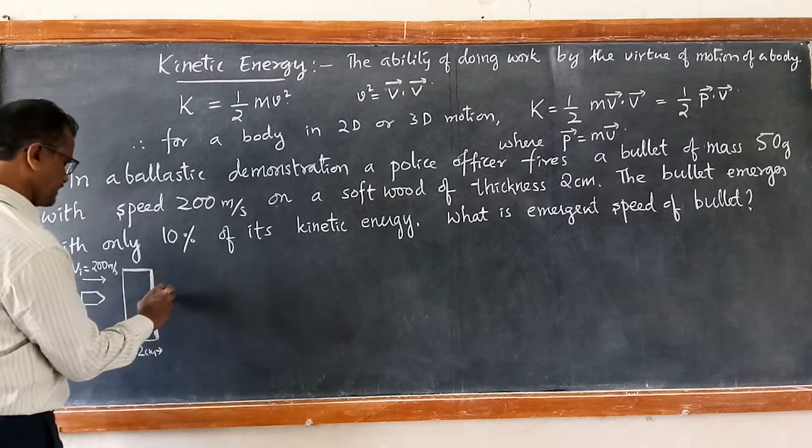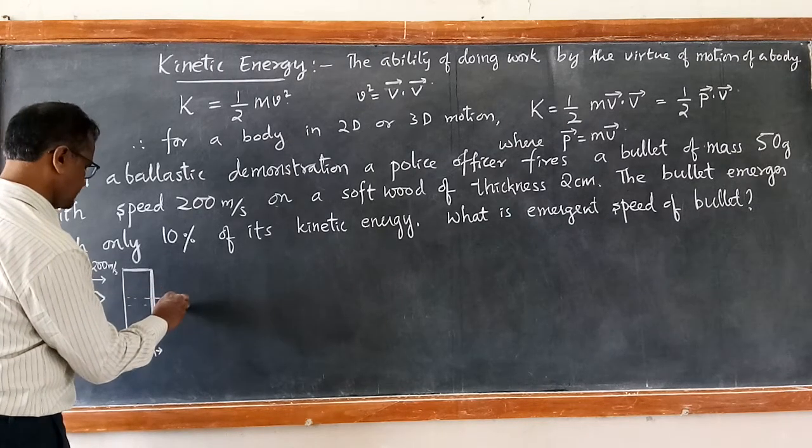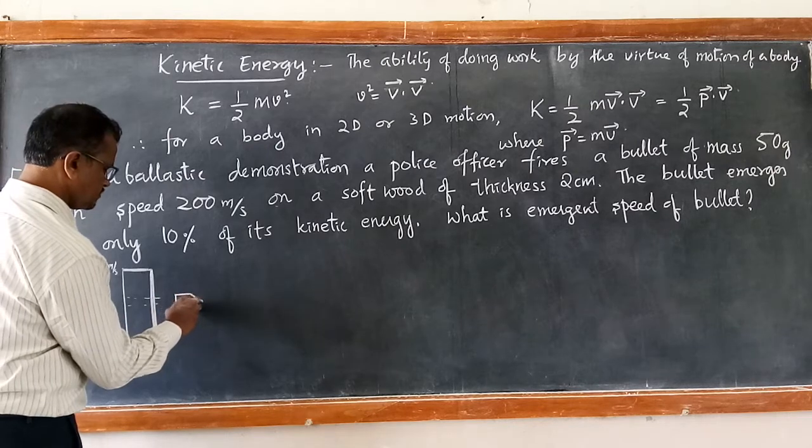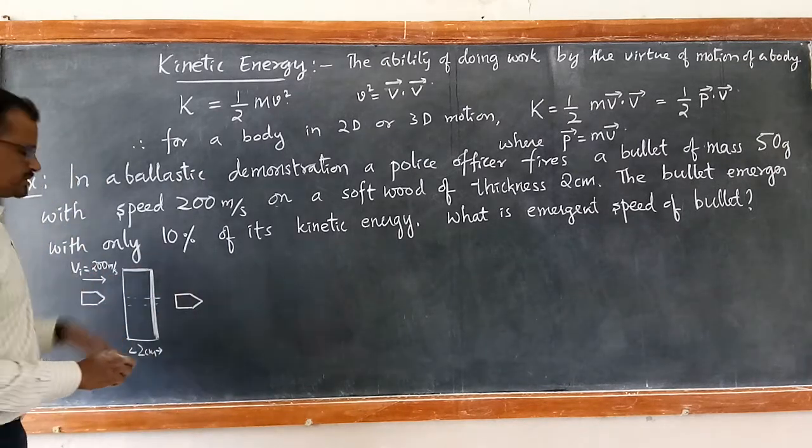After entering and coming out, it pierces out of this. When it comes out of the softwood, its kinetic energy is reduced to 10%.